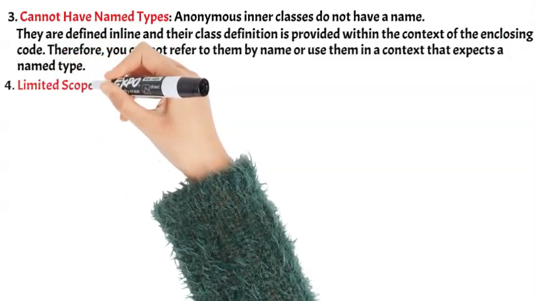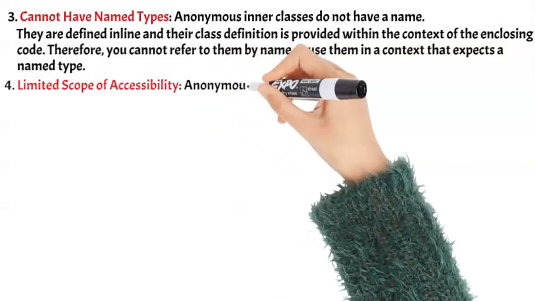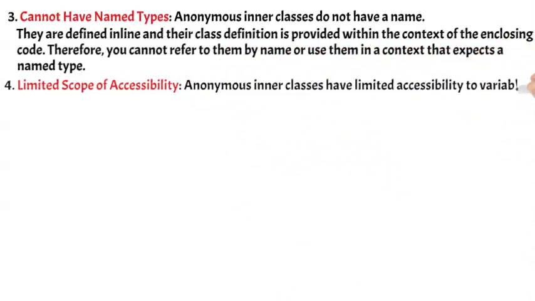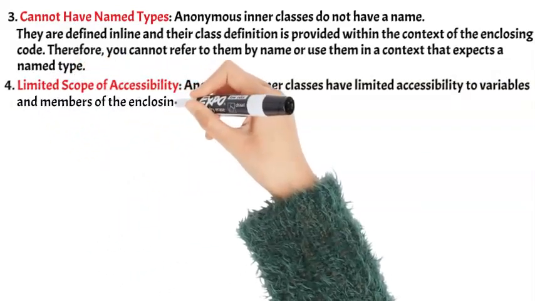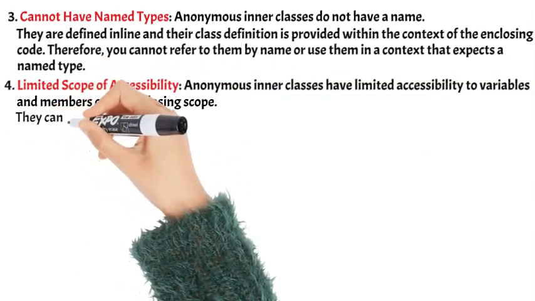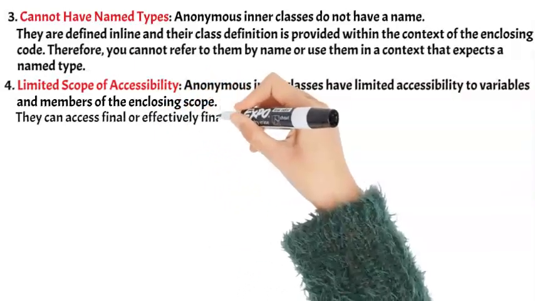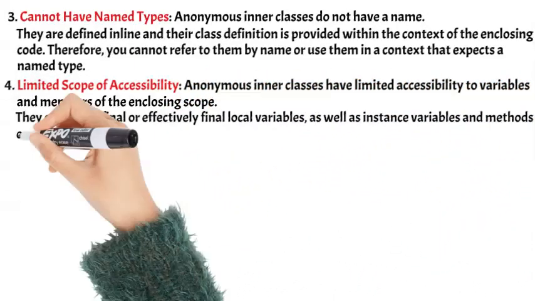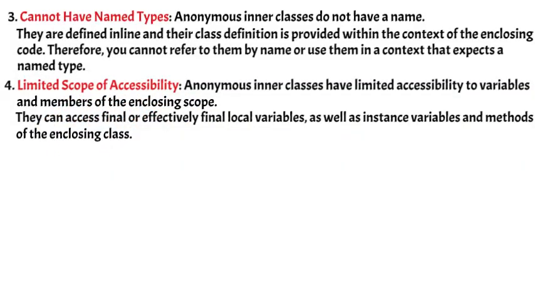4. Limited scope of accessibility. Anonymous inner classes have limited accessibility to variables and members of the enclosing scope. They can access final or effectively final local variables, as well as instance variables and methods of the enclosing class.